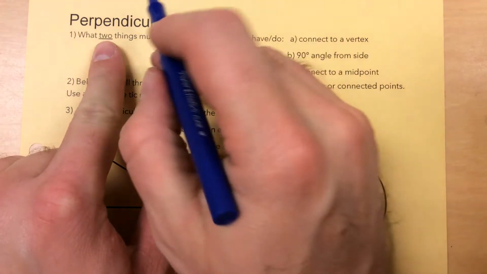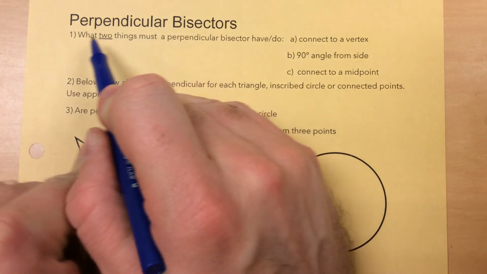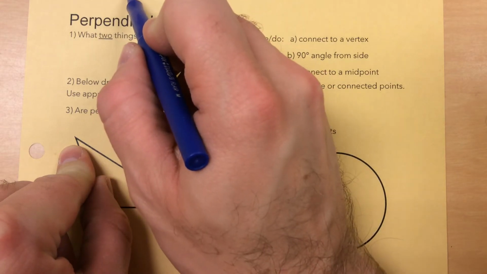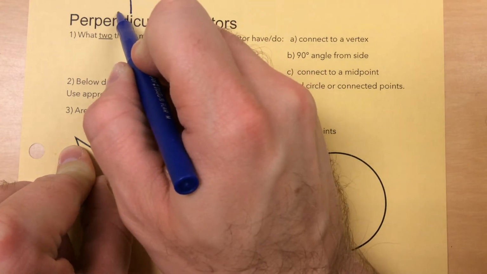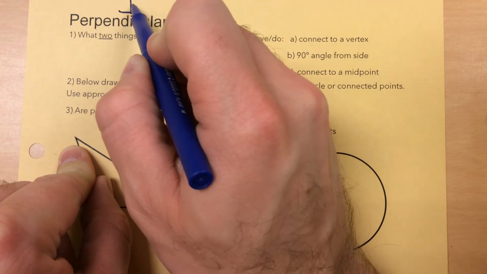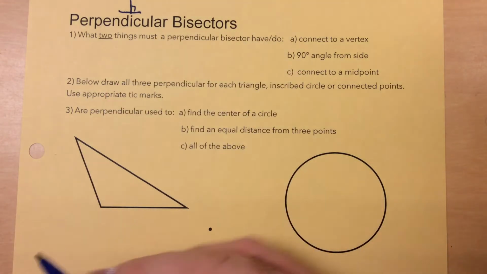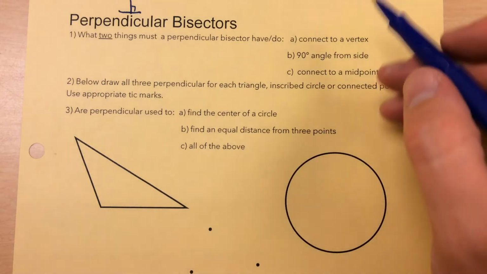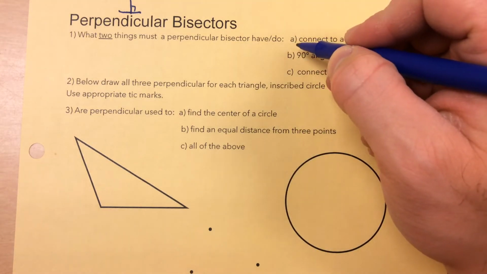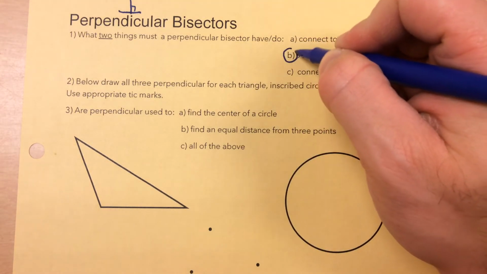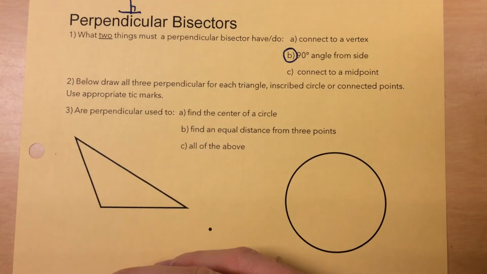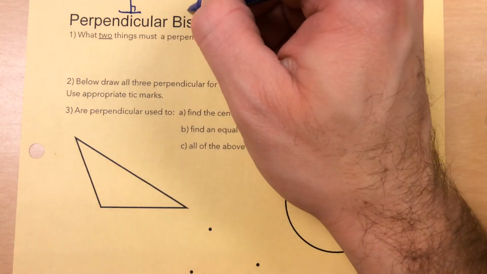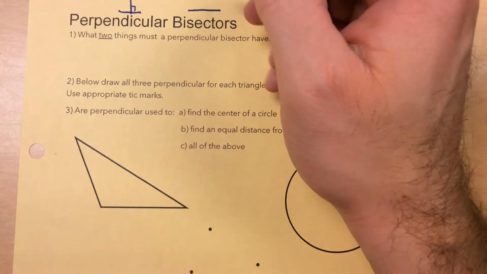So for example, the word perpendicular corresponds to two angles that are 90 degrees. So, one thing you must have on a perpendicular bisector is a 90-degree angle. Now, the word bisector is talking about bisecting a side.